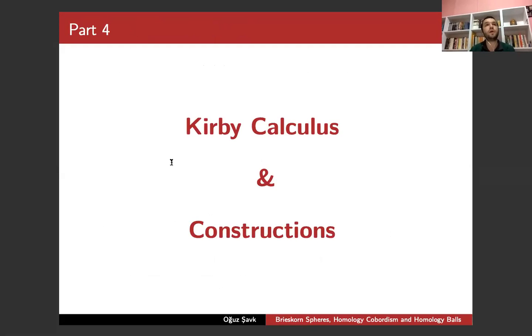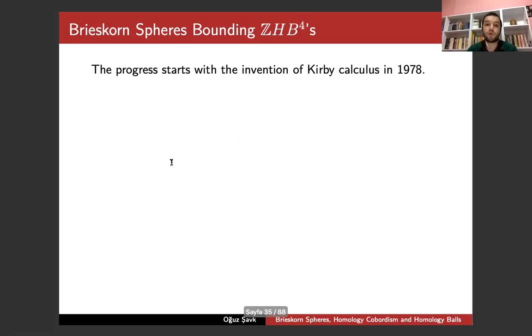This is the fourth part, and it is about Kirby calculus and the construction side. First of all, Kirby calculus was introduced by Kirby in 1979. Actually, it gives a complete set of moves relating four-manifolds. You may have heard of the Reidemeister moves for knots.